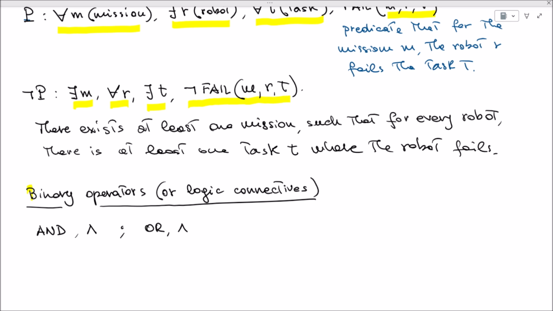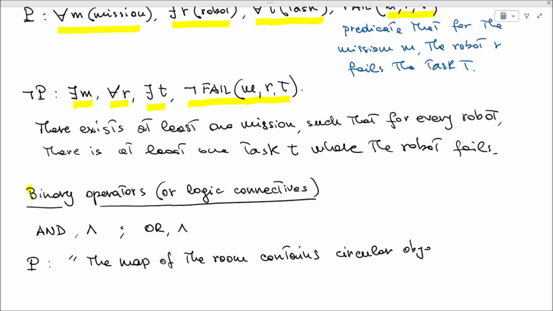Let's say that we are given the proposition P: the map of the room contains circular objects.